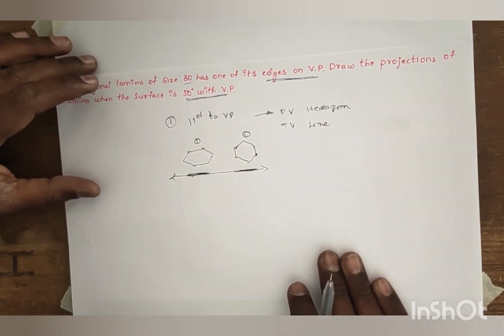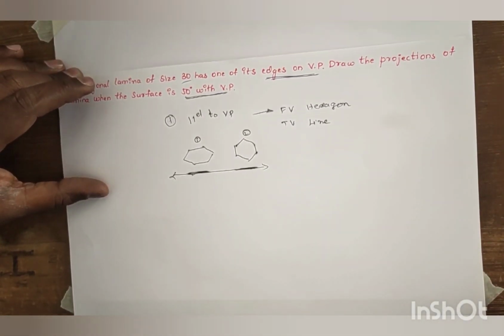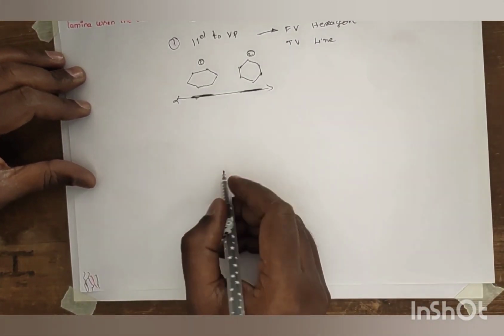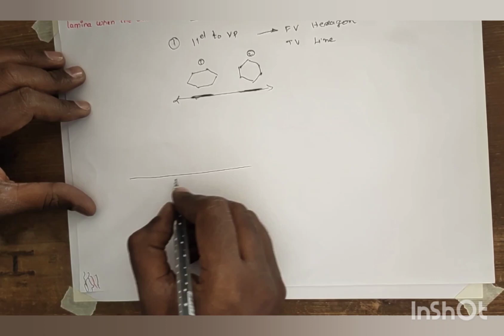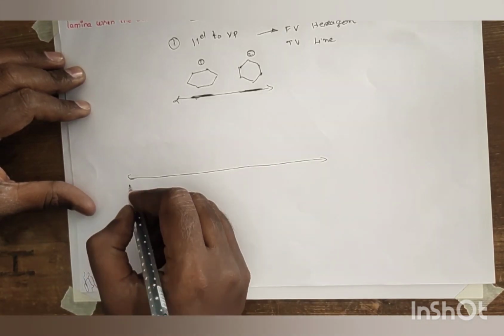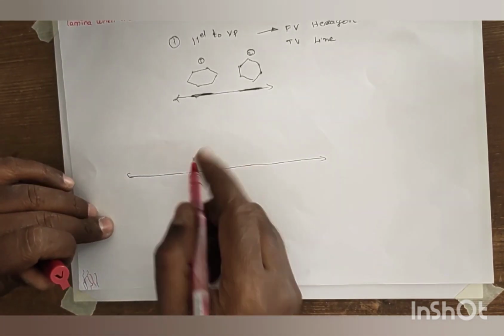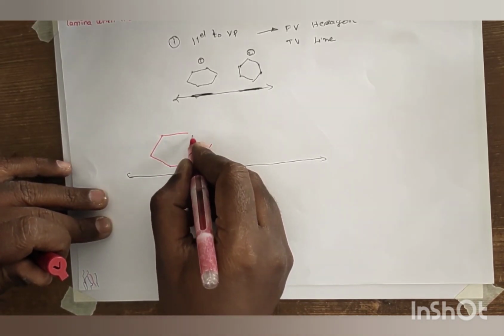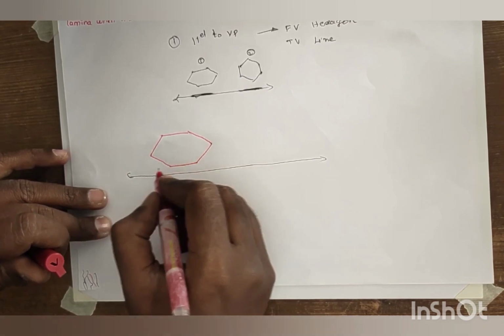Let us consider the first one. Roughly I will draw here. The actual diagram I will draw in the next sheet. If this is my XY line, the hexagon is like this. Whatever you said, I have considered. This is the front view.